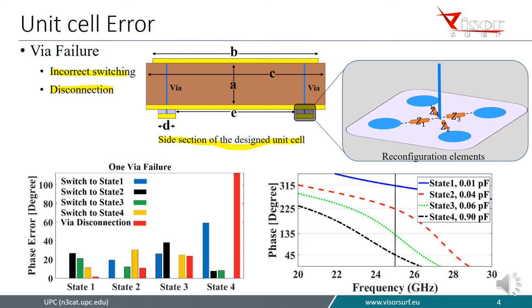By switching between 4 different capacitances through these 4 different elements, the unit cell has 4 different phase responses. Assume that the unit cell is supposed to perform in state 1, but one of the vias switches to state 2. So in this case, we have 30 degrees of phase error.